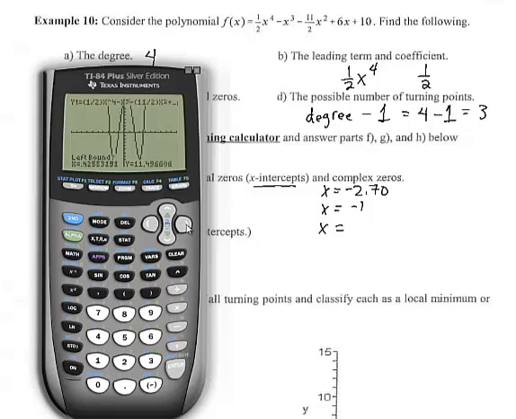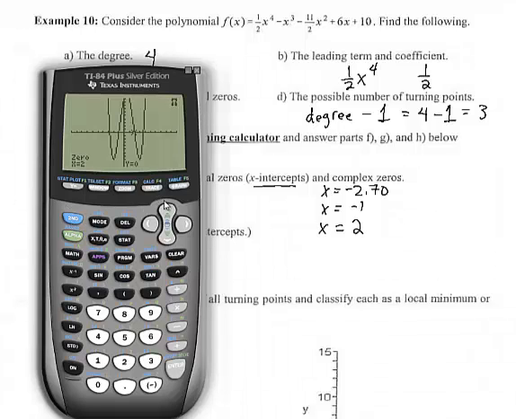Our third zero from left to right looks like it's going to be positive. We are on the left. We arrow past the third zero to the right, hit enter, enter a third time, and the calculator gives us x equals 2.